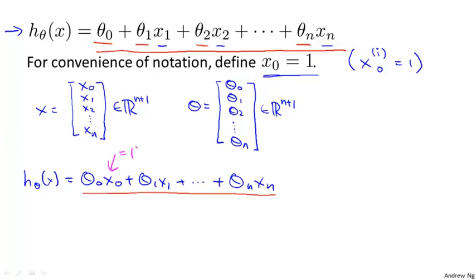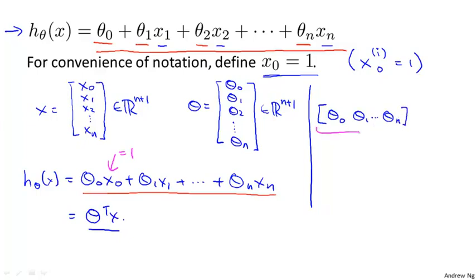And the neat thing is I can now take this form of the hypothesis and write it as theta transpose x. Depending on how familiar you are with inner products of vectors, if you write out what theta transpose x is, it is this: theta 0, theta 1 up to theta n.